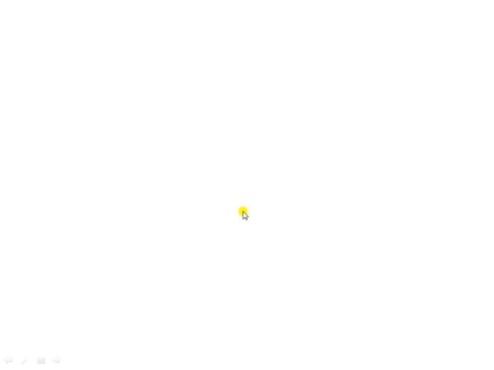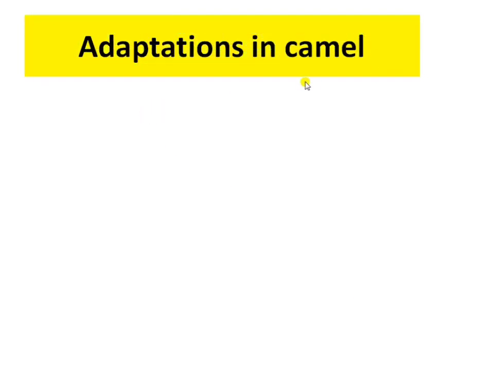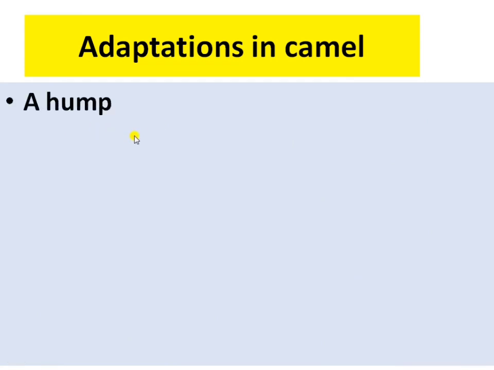Next, we are going to study the adaptations in the camel. The camel is an animal which travels around in such a climate, so it is also called the ship of the desert. The adaptations in camels are: first, they have a hump.